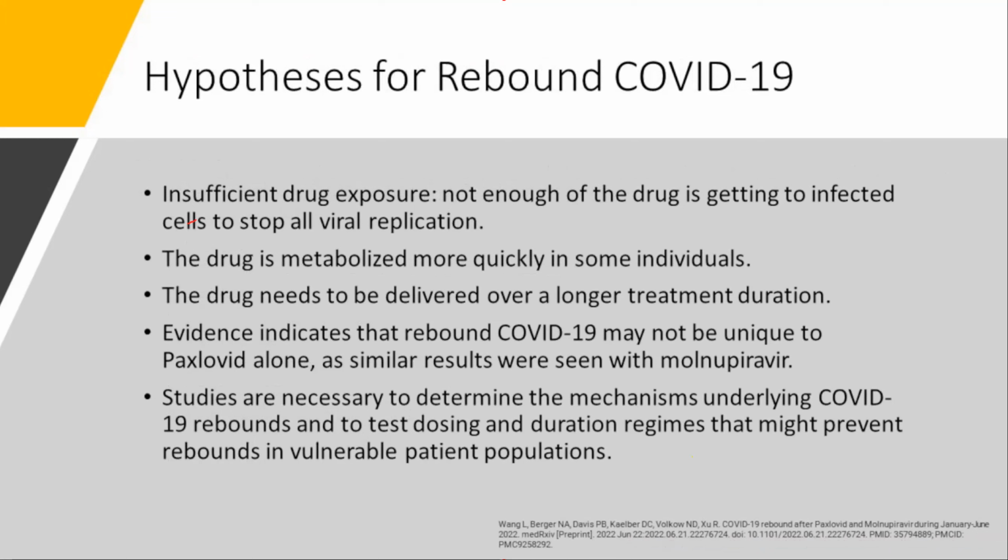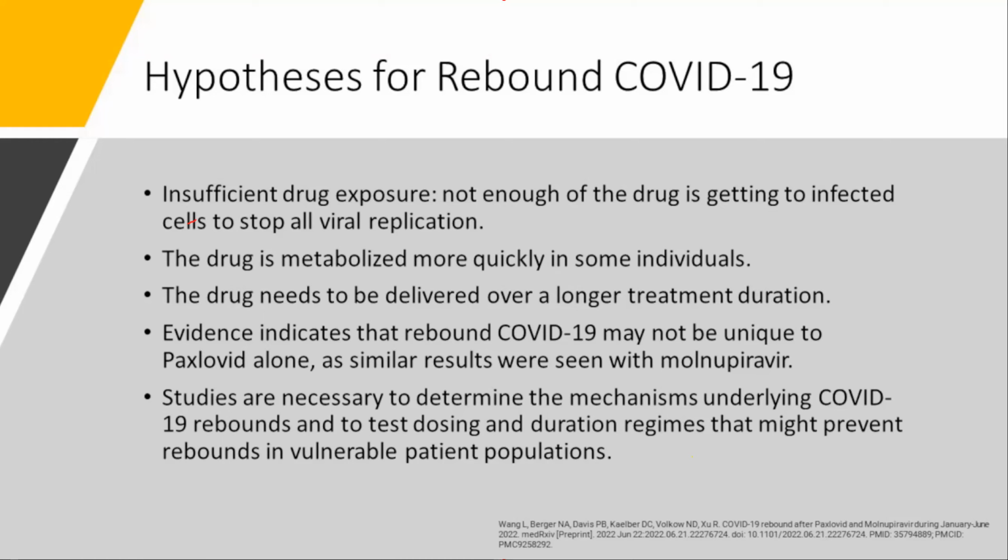So in terms of why COVID-19 rebound is occurring in patients, several hypotheses have been proposed, but at this time, there's not really a true known reason why we think this might happen. So some individuals think that there's just insufficient drug exposure, too low of a drug concentration to stop all viral replication in these individuals.